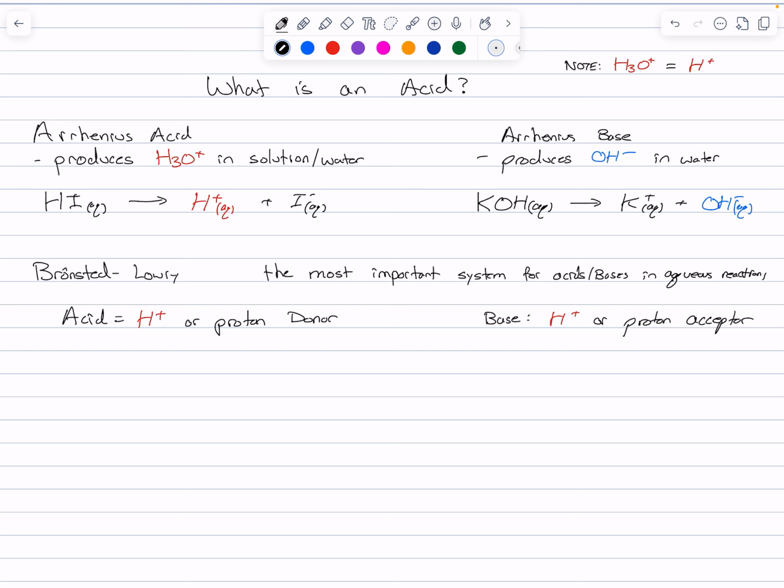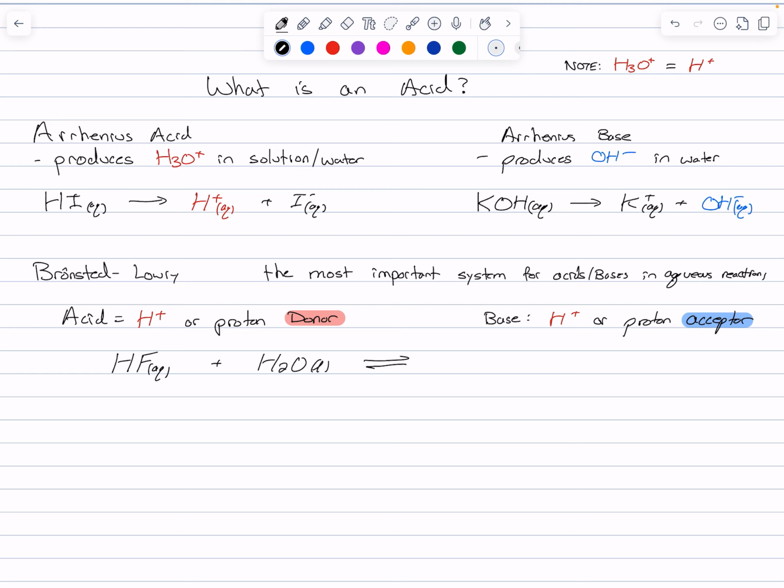All right, so the donors are the acids. Donate the proton, it's an acid. Accept the proton, it's the base. All right. So what do we mean by that? If I had hydrofluoric acid and water, well, what would be on the other side? What are your options for the other side?